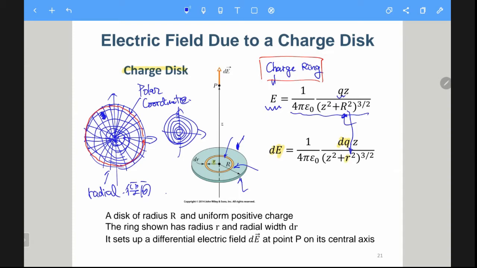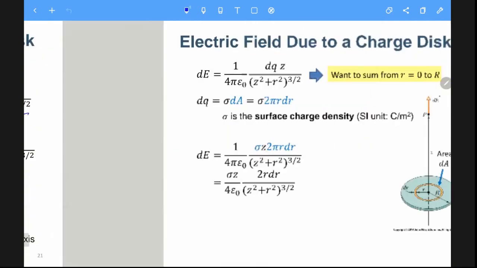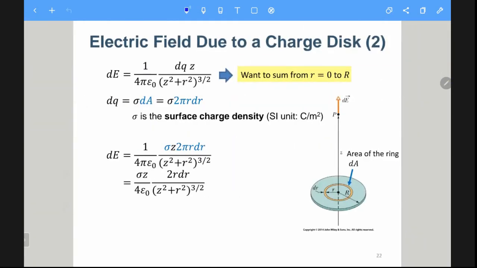So this is pretty much like that. Okay, so we have this expression. And the point here is that we have a dq, which should be something like the density.